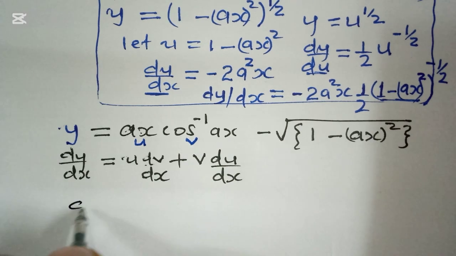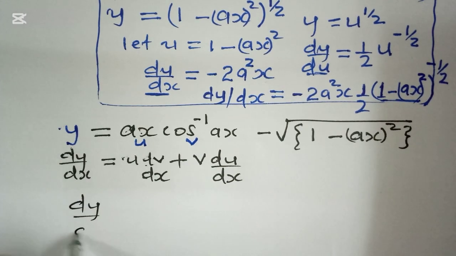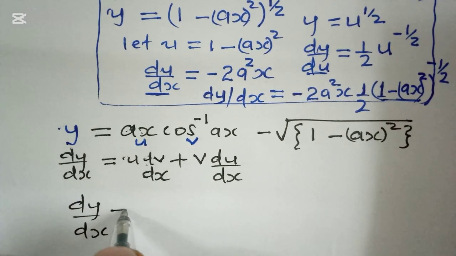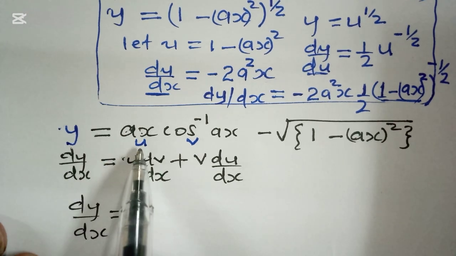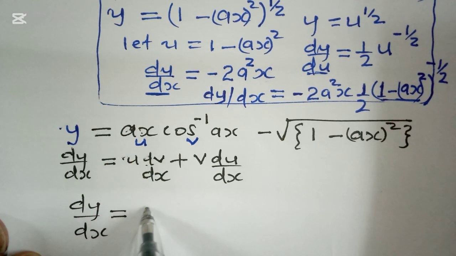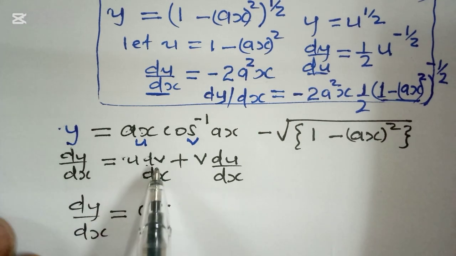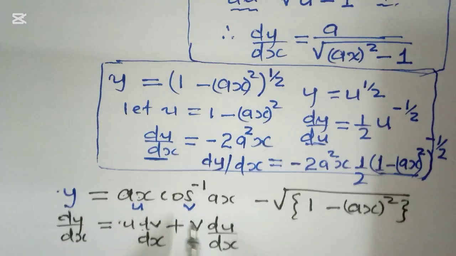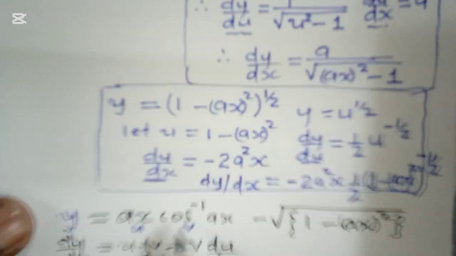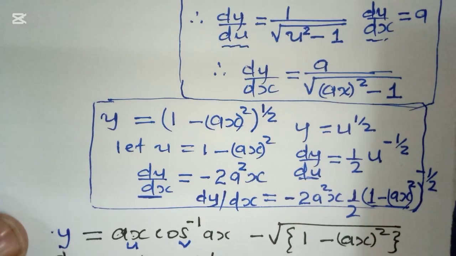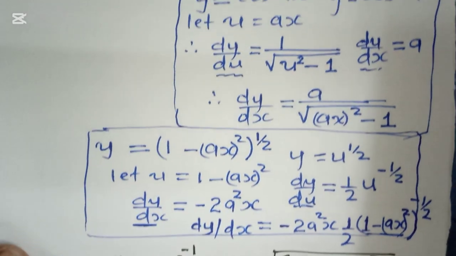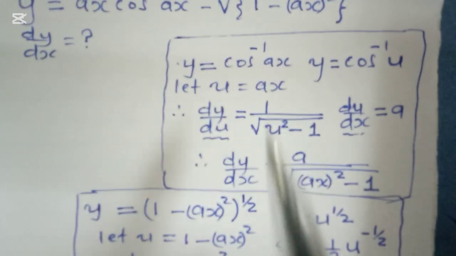So I shall have dy over dx is equal to u. U, we just write it the way it is, ax, like that. Coming to dv dx, we are now supposed to differentiate cos inverse ax, and this is what I have done already here.